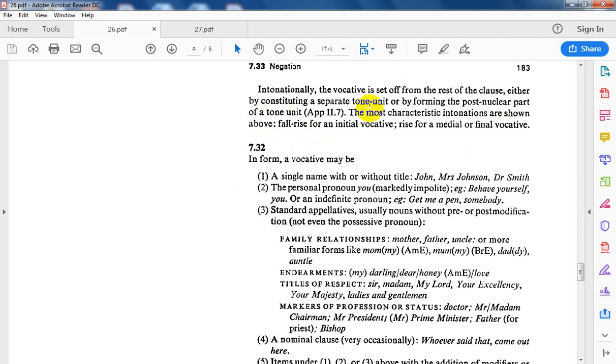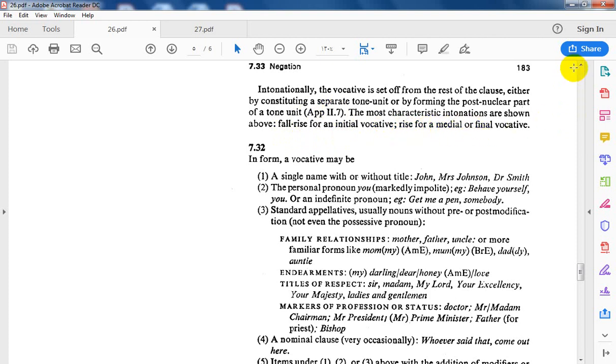The most characteristic intonations are shown above: full rise for an initial vocative, and rise for a medial or final vocative.